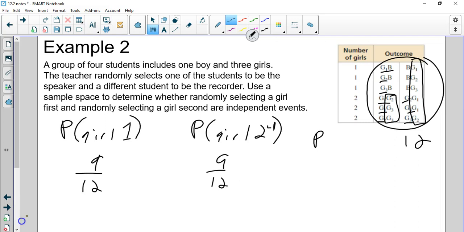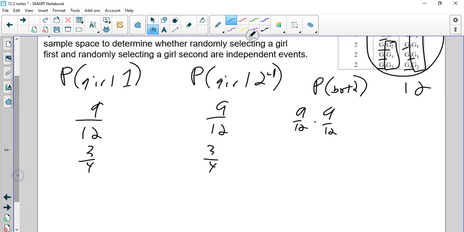So the probability of both is going to be 9/12 times 9/12. But again, I would probably reduce this to 3/4 just to keep my numbers smaller, a little easier to work with.